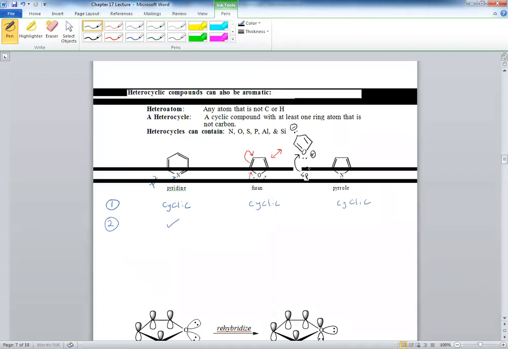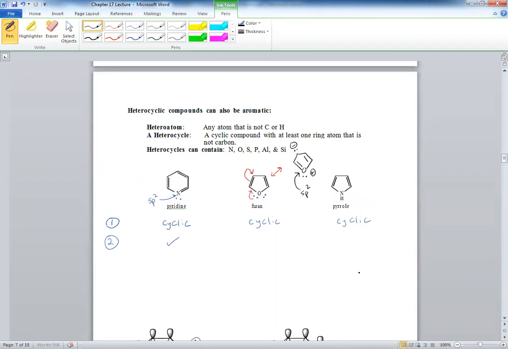So there must be a p orbital, an unhybridized p orbital. Remember, one way of knowing that you have no p orbitals is if you have an sp3, it means you used up all 3 p orbitals. Remember, there are 3 p orbitals. So yes, it has a p orbital, an overlap.